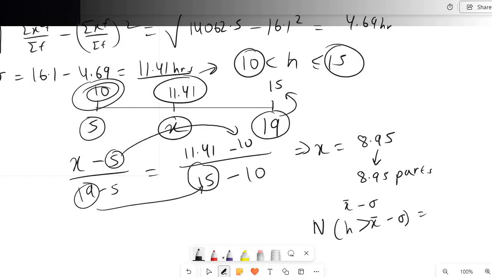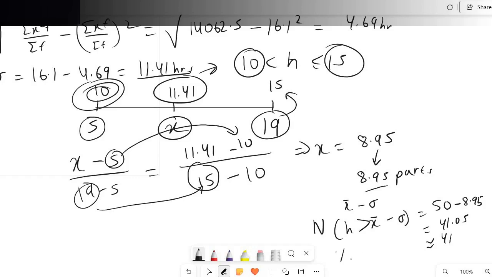Because the total number of parts was 50, we subtract this from 50, giving us 50 minus 8.95, which should be 41.05 or 41 parts, because in reality parts cannot exist in fractions or decimals.